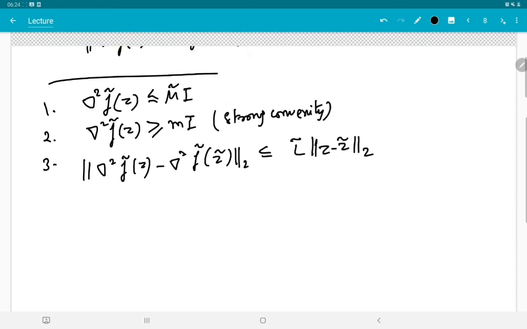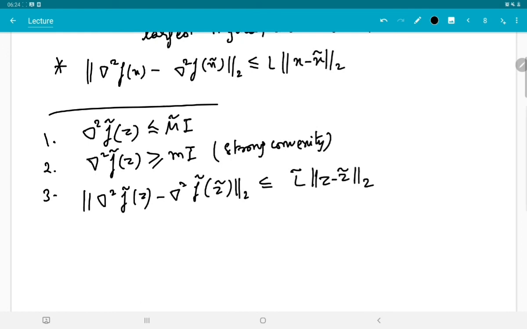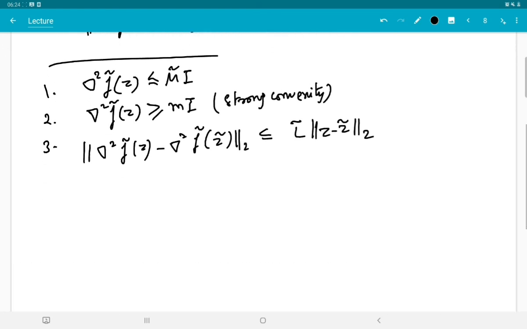So these three conditions imply these three conditions. That is what we have to prove.